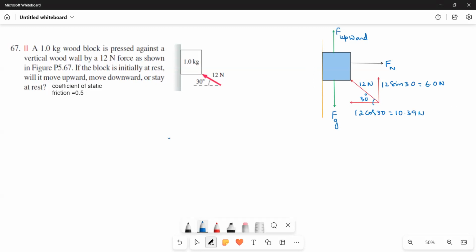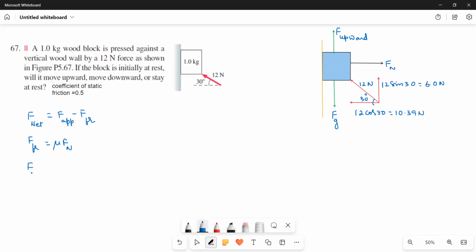Now we have to find out the net force. F net is equal to F applied minus F friction. Now what is F friction? F friction is equal to mu Fn, where mu is 0.5.